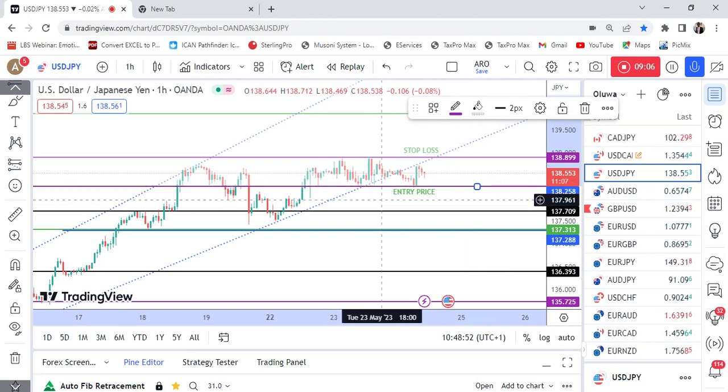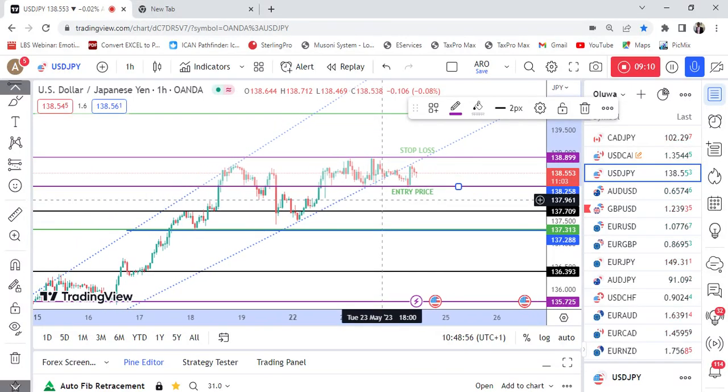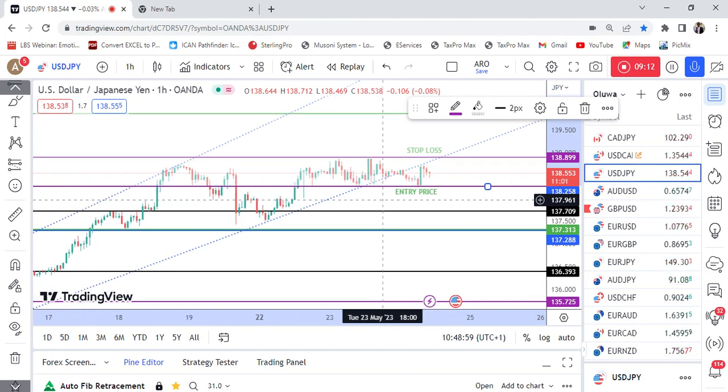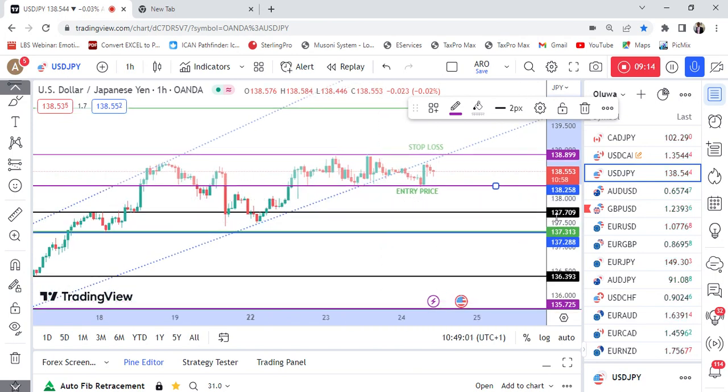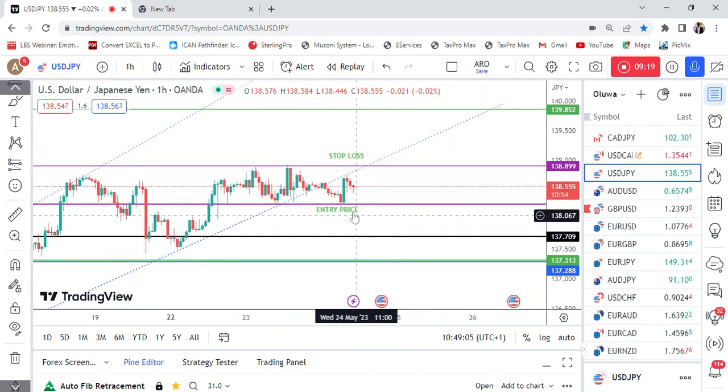because there is a change of structure now. The structure of uptrend now possibly may reverse back to a downward movement. So there is possibility of this market coming down.